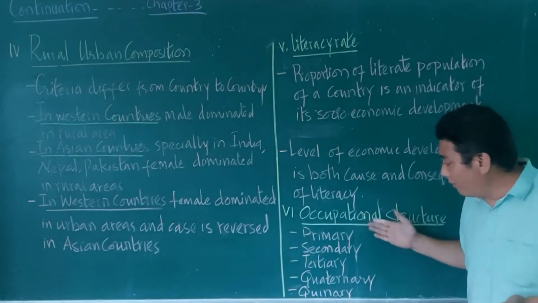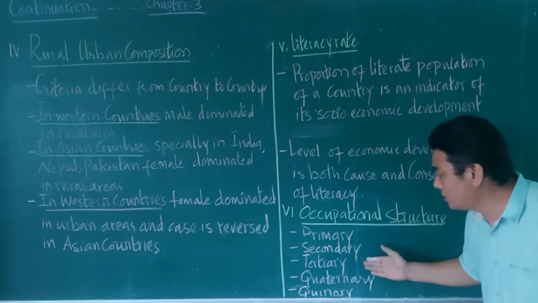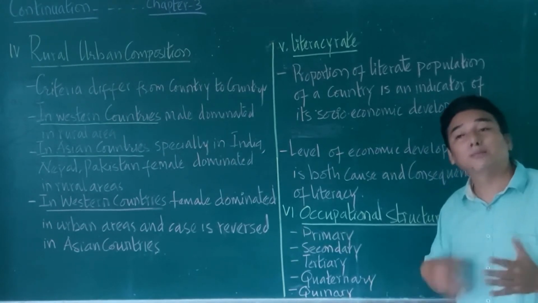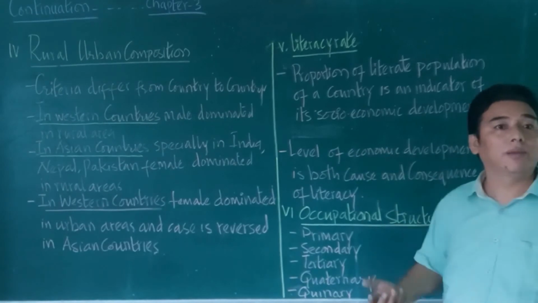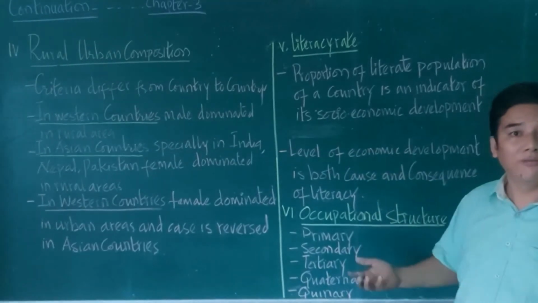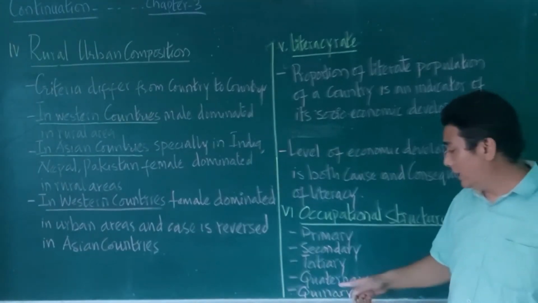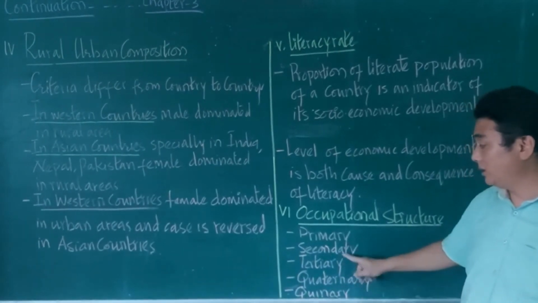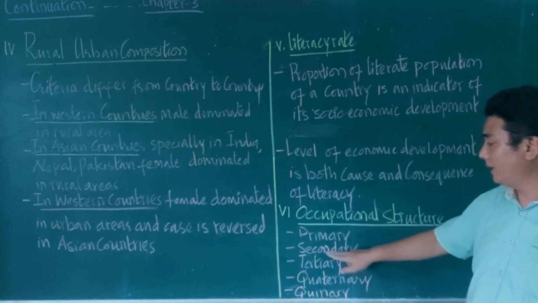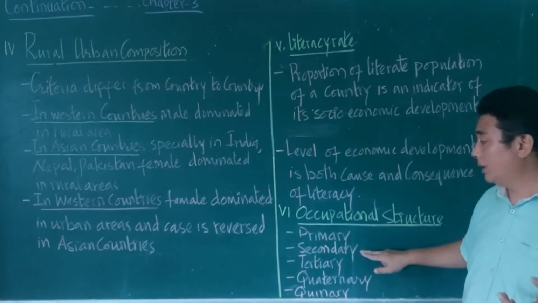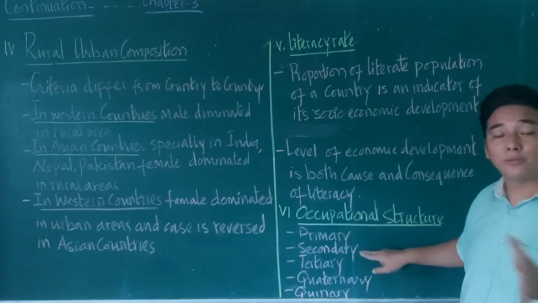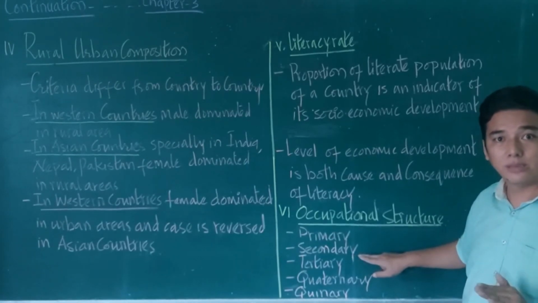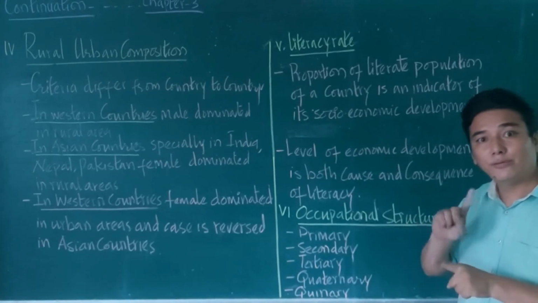And if more people are engaged in the secondary, tertiary, quaternary and quinary sectors, what does it tell about the socio-economic development of a country? I'll tell you these terms in a very short form. Secondary economic activity is the conversion of raw material into finished goods. It's also known as manufacturing.